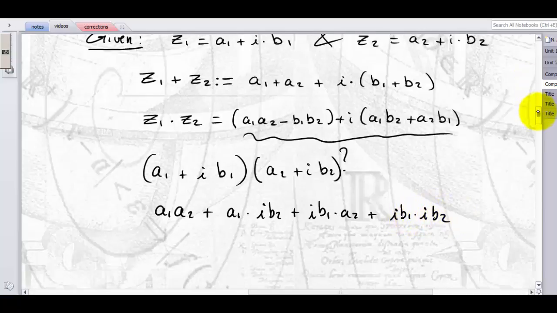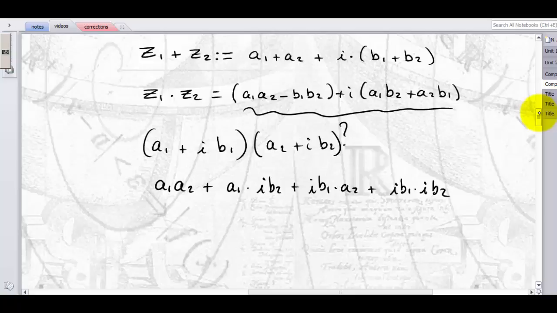Okay, I think I have everything. Yes, so what's going on here? First of all, the multiplication is associative right here. So a1 times i b2 is just i times a1 b2, plus, I'm not touching this one, i times b1 a2.